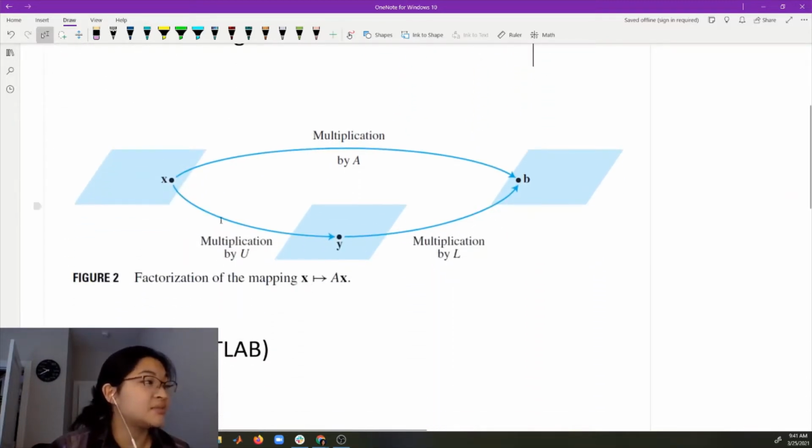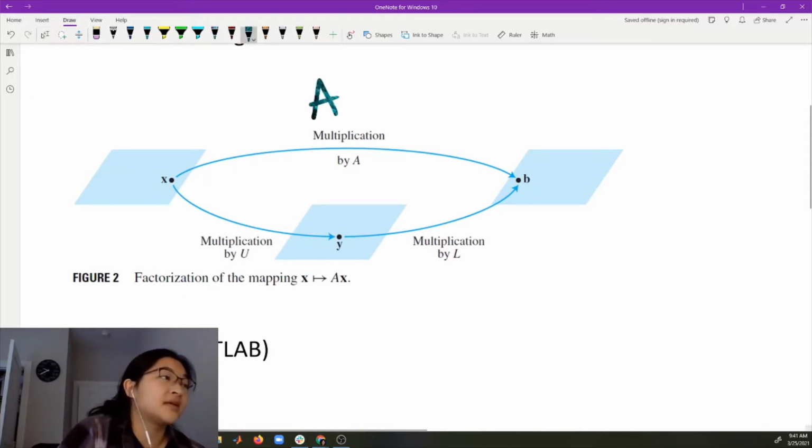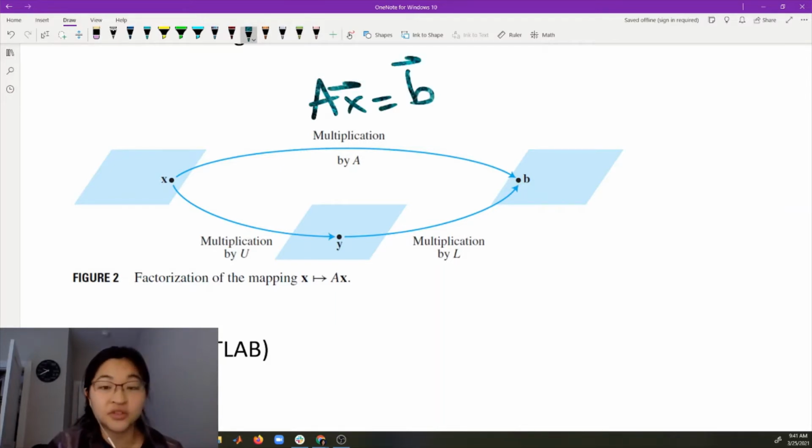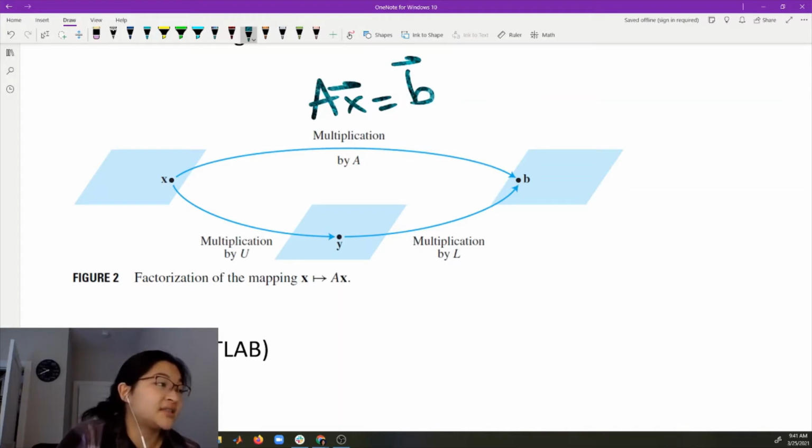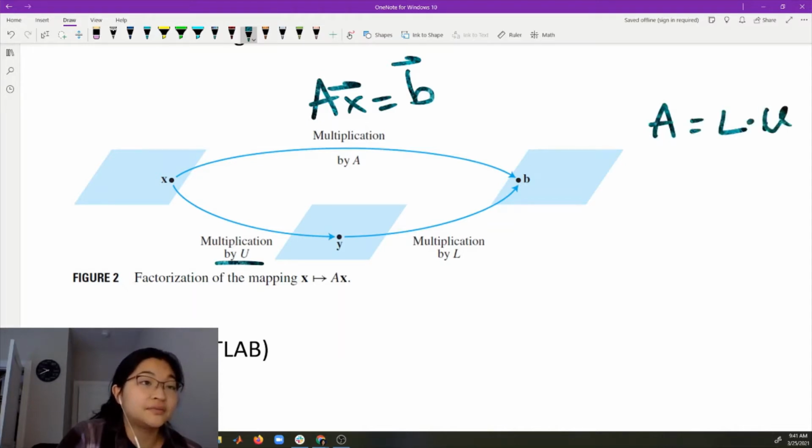This is a pretty cool diagram, I think. So we have multiplication, where if we're looking at Ax equals b, we could just multiply by A, or we could take this x and multiply by U, because let's say that A equals L times U, and that's not a dot product. That's just a regular multiplication.